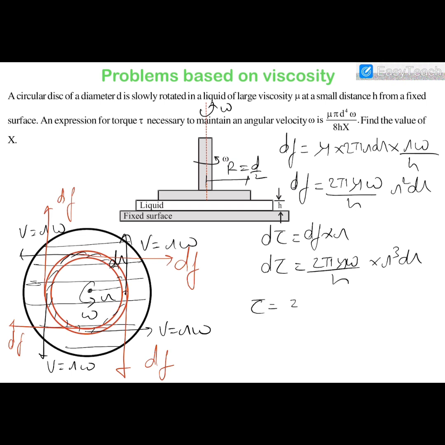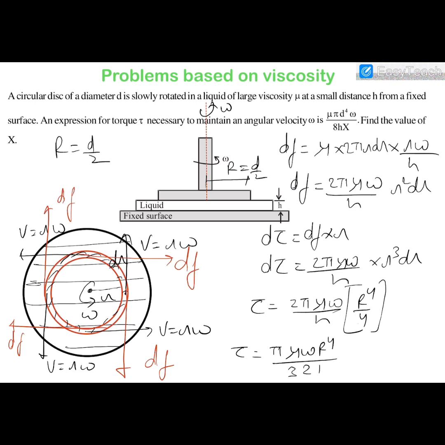And total torque will be 2 pi mu omega by h, and this is r to the power 4 by 4. I have already integrated this term, and the value of r is d by 2. So torque will be equal to pi mu omega d to the power 4 divided by 32h.